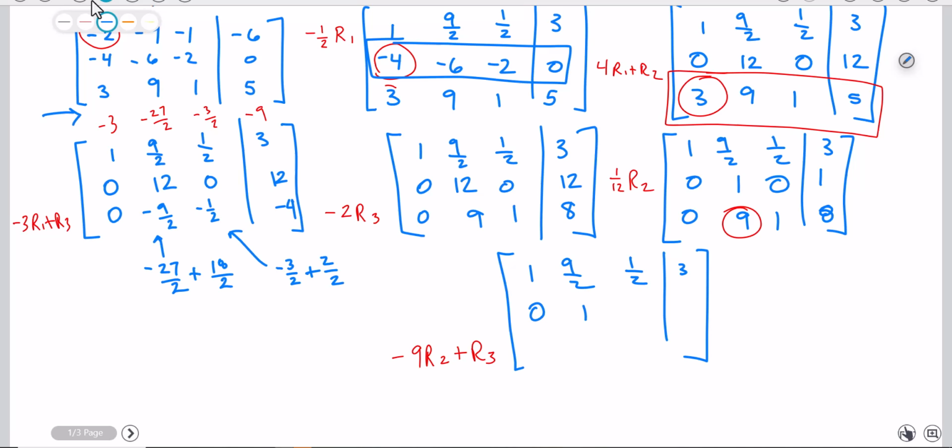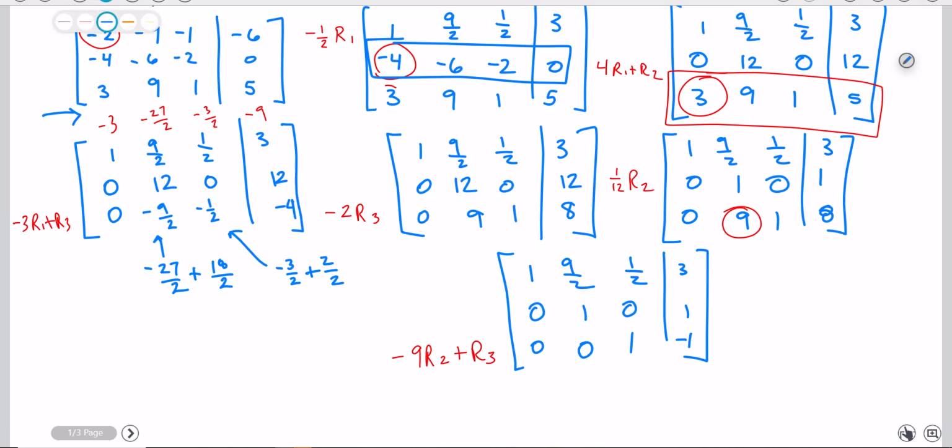Not touching this row, 0, 1. But I am multiplying row 2 by -9. Well, that's just 0, then plus 0. -9 plus 9, that gives me 0. -9 times 0 plus 1, 1. -9 times 1 plus 8 gives me -1.